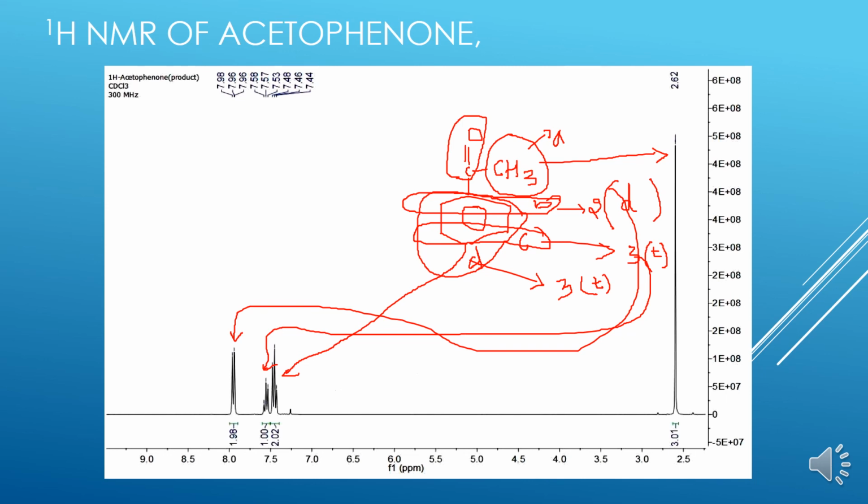Non-equivalent protons near the splitting protons, coupling takes place. Due to that coupling, splitting is possible. So they are calculated based on the n plus 1 rule.